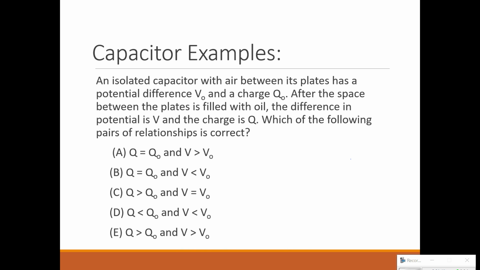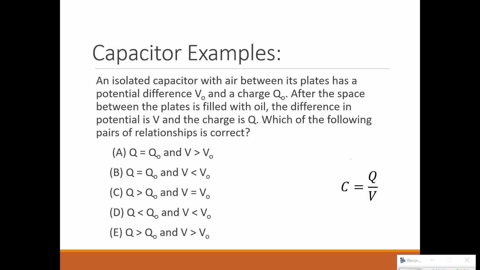In this second example, we have an isolated capacitor with air between its plates, right? So no dielectric. There's a potential difference between them, V naught, and a charge, Q naught. After the space is filled with oil, and oil is a dielectric, the potential difference and charge are V and Q, respectively. So what's the relationship between those?